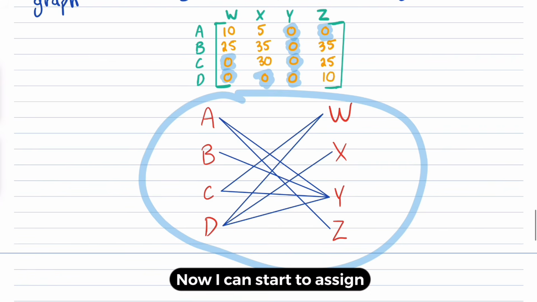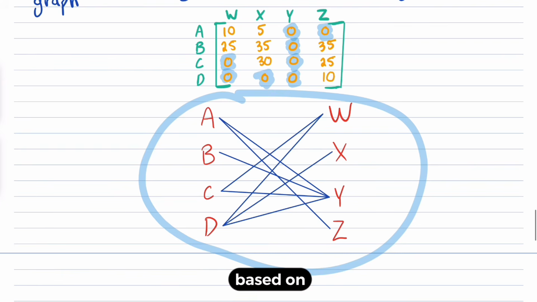Now I can start to assign tasks based on where the zeros are. So because for row A, we've got a 0 with Y and Z, that means that person A can do Y and Z. And then I've just gone and completed my bipartite graph for this matrix.